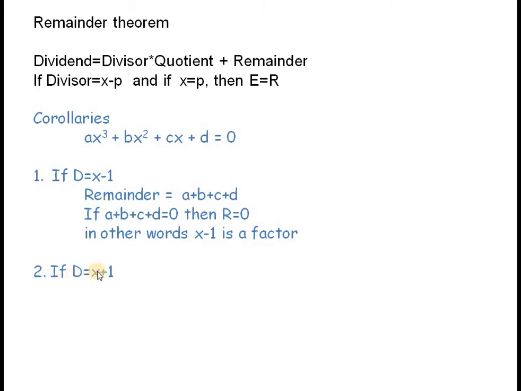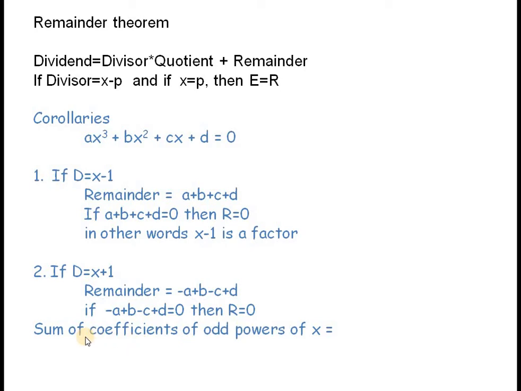And let us take one more case. What if the divisor is x plus 1? In this case, we substitute x with minus 1. And when we substitute x with minus 1, the odd terms like x cube and x become negative. So we get minus a plus b minus c plus d. And if the sum of all these is 0, then that indicates that the sum of the coefficients of odd powers of x is equal to the sum of the coefficients of even powers of x.